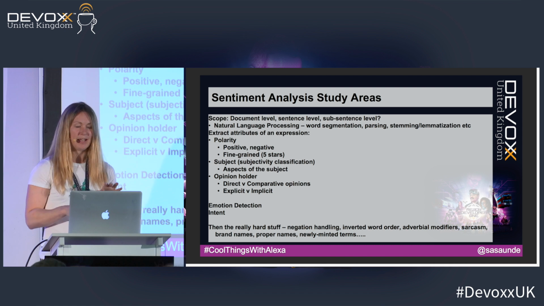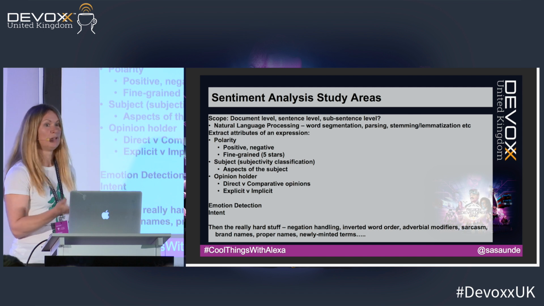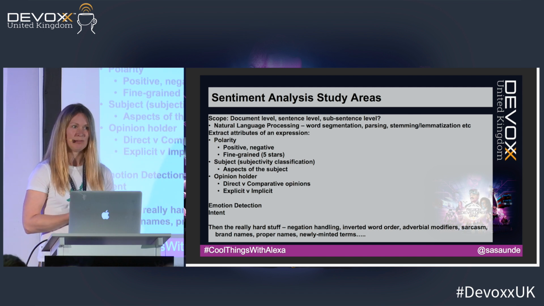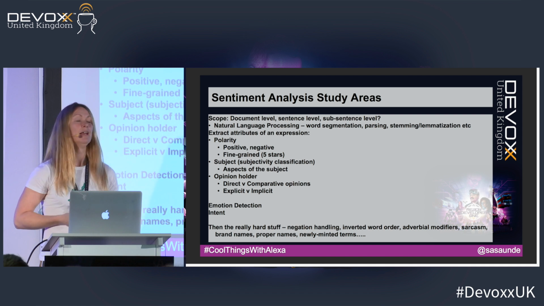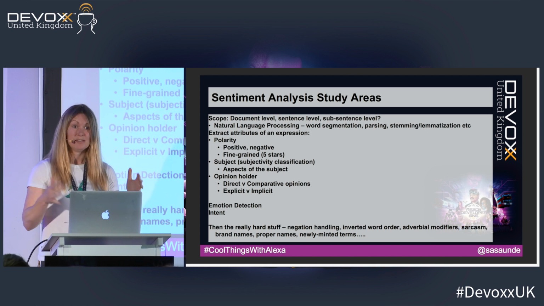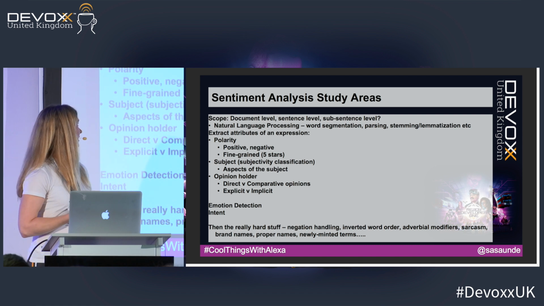And there are different attributes that you can look at there. You can look at polarity, positive or negative. That could be fairly simple. You could just have a dictionary and map the words: are they positive or negative? And there are much more sophisticated, fine-grained ways of getting scales of 1 to 5 on the polarity of words or sentences or entire documents. And then you have to look at subjectivity.